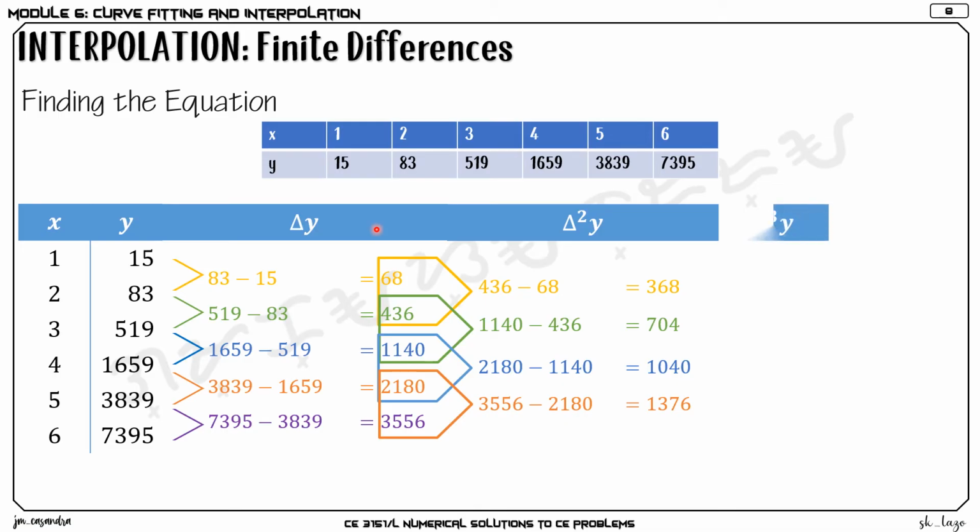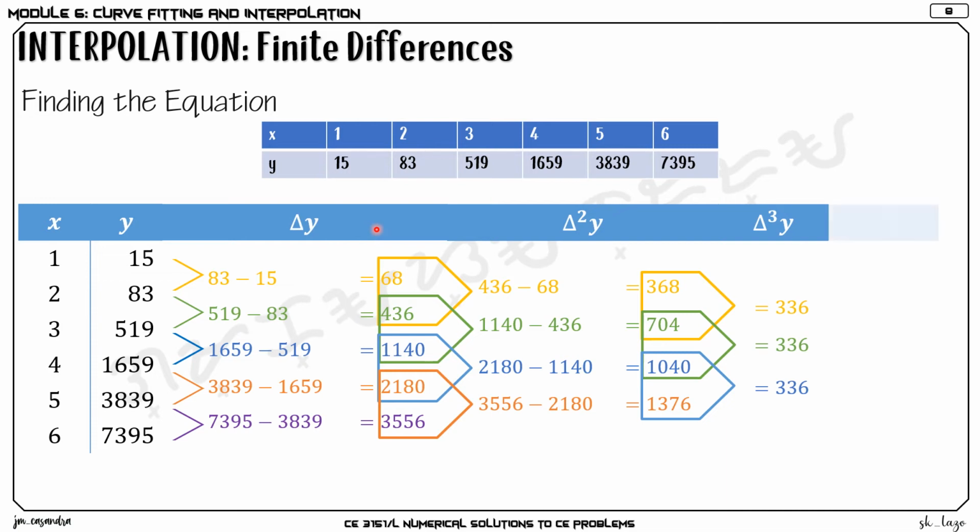And then we solve for the next difference: 704 minus 368 is 336. 1040 minus 704 is 336. And 1376 minus 1040 is also 336. So taking now the next difference, or the fourth difference of y, will now give us 0 and 0.